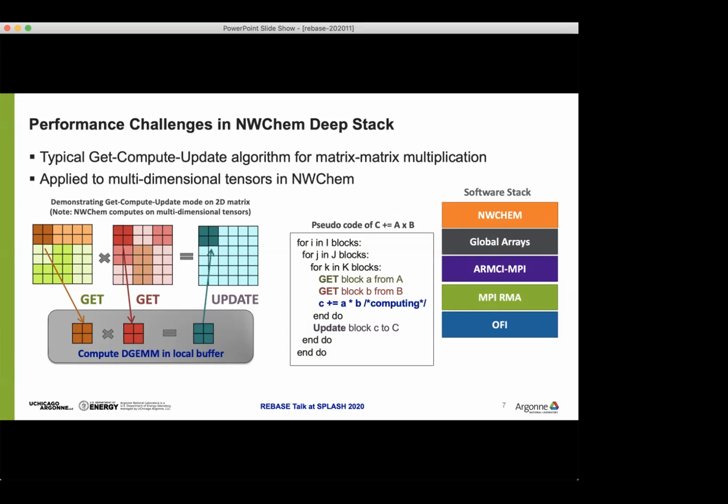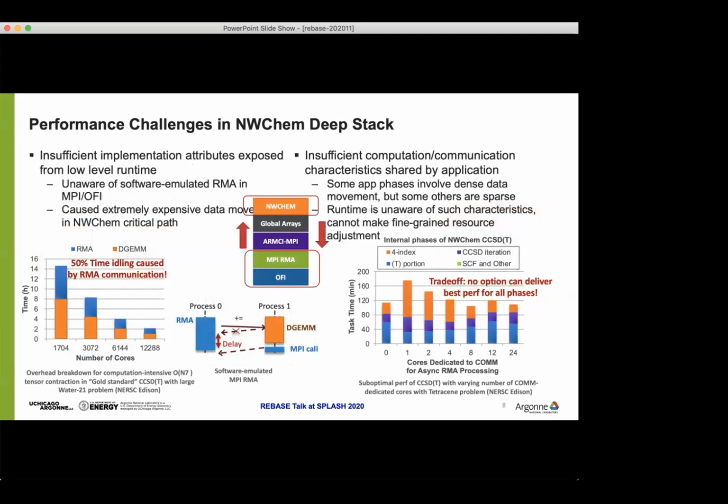And we see in this software stack that the get and update communication requests go from NWChem all the way down to the OFI. So that's how we handle the data movement in the deep stack, okay?